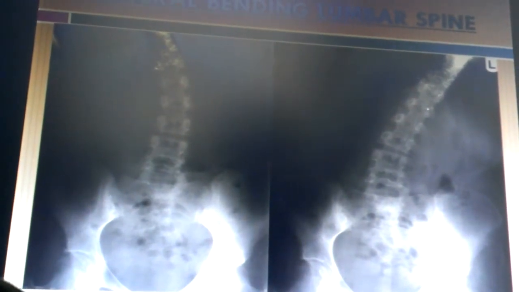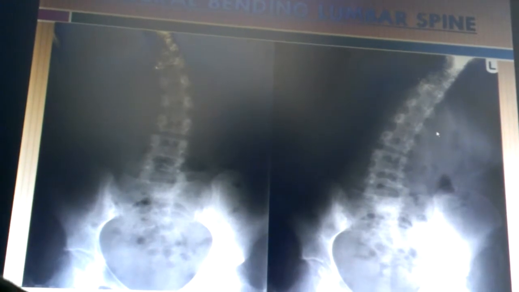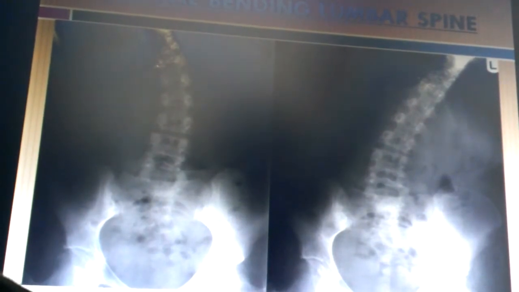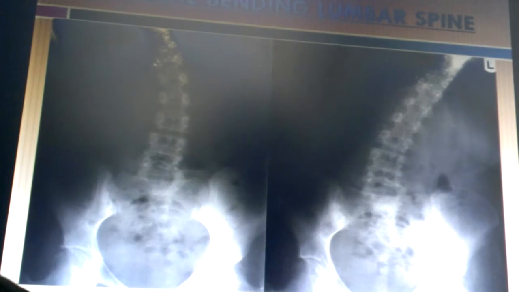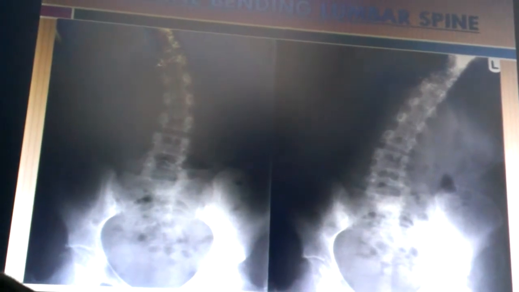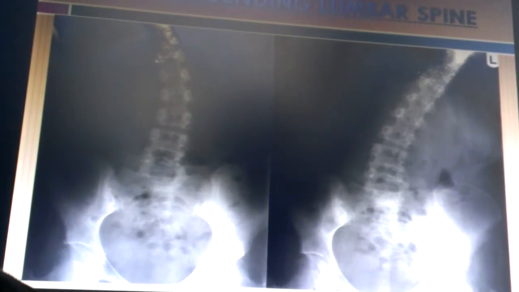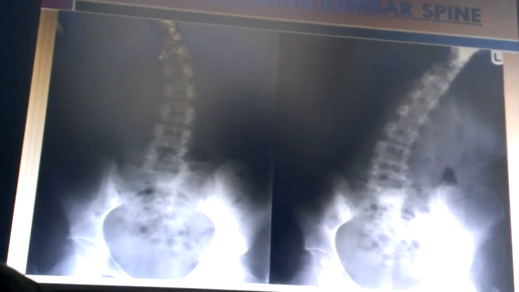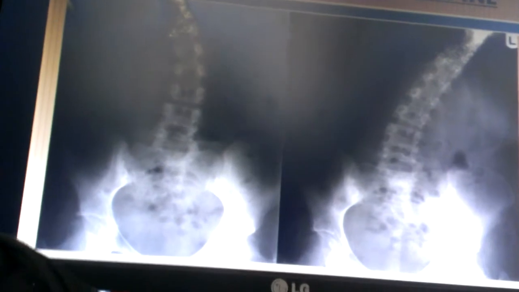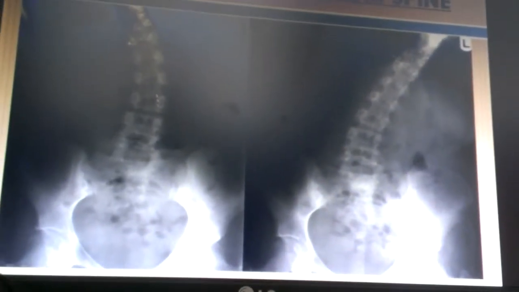spinous processes, and of course we should be looking at the pedicles, by the way. That's one thing that you need to remember is that when you're looking for rotation of a vertebra, look for the pedicles, not for the spinous process, because they can deviate, and that can just be the norm, right? So it's a structural situation.